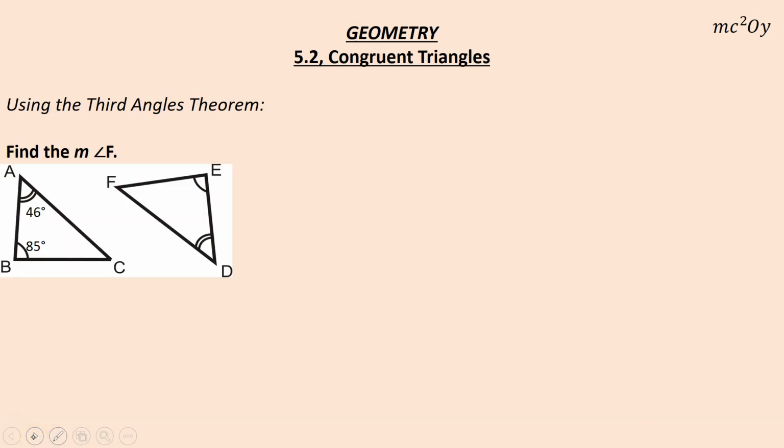All right, so using that third angles theorem, we could look at a picture like this, where we have A congruent to D, and B congruent to E, and we're trying to find F. Well, we know that 46 and 85 and angle C have to equal 180 degrees. 46 and 85, first of all, that's 131.